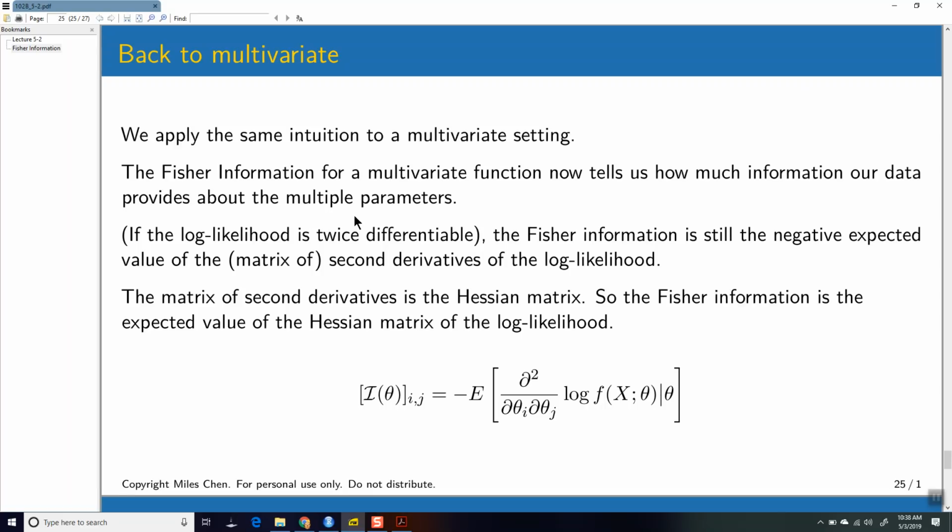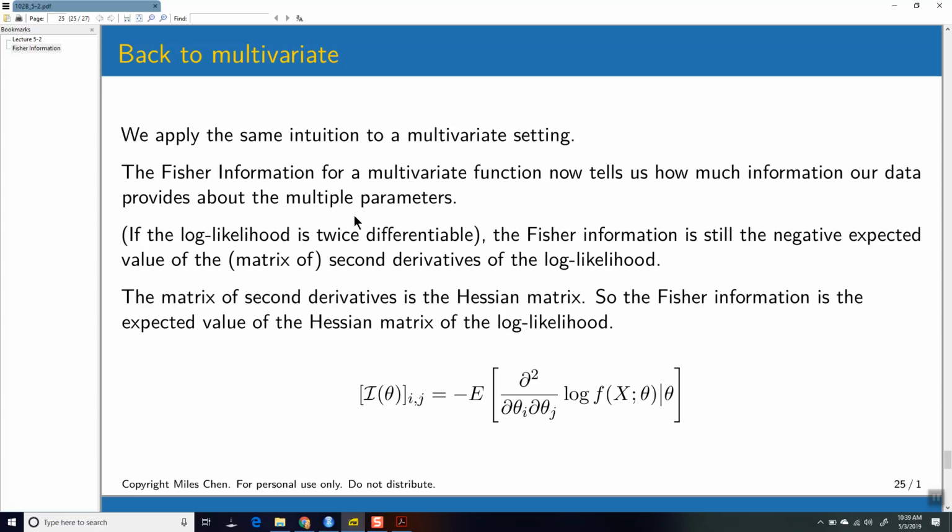So if you think of linear regression, we've got 2 parameters, W0 and W1. If you've got multiple linear regression, you're going to have more W parameters. And so the Fisher information is going to be the second derivative of that thing, the curvature. For a multivariate function, the second derivative is going to be the Hessian matrix, okay?